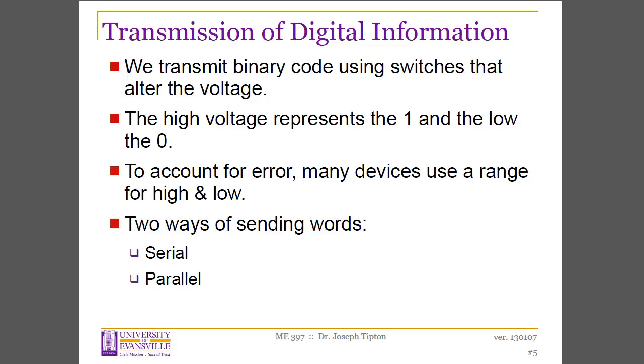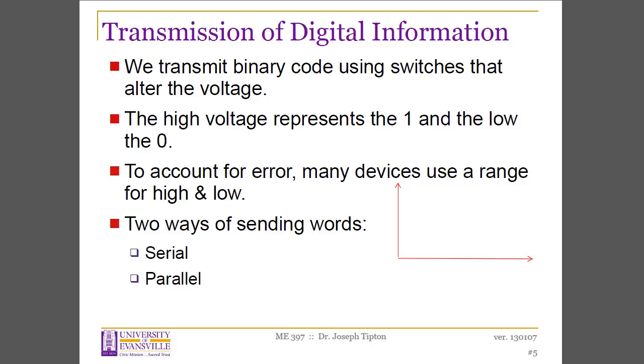And usually we know that there's going to be noise on the line, so to account for error, instead of specifying an exact voltage that must be met, we define some sort of a range to give us some error tolerance. Let's draw a picture that shows us how that works. I'll have a horizontal axis, and I'll also have a vertical axis.